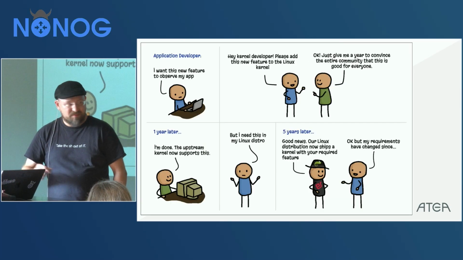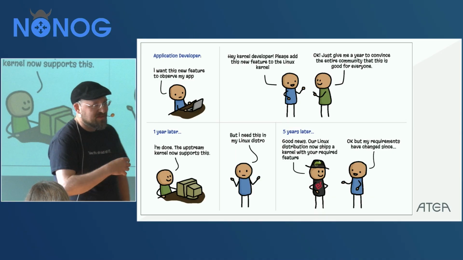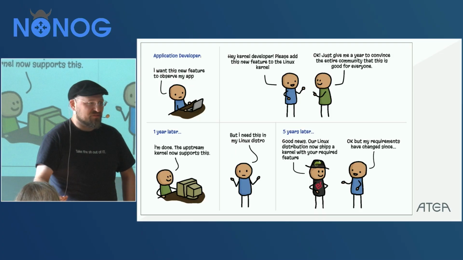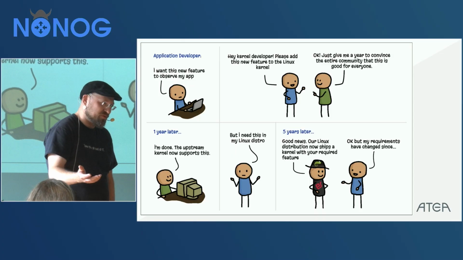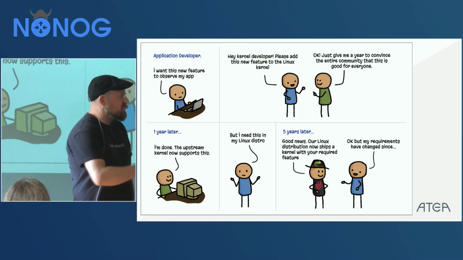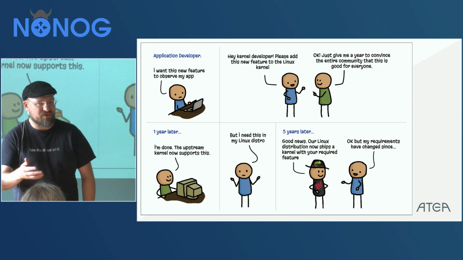You have to go through a process that might take many years, because you have to ask the Linux kernel maintainers to agree that they are going to do this, and then they have to implement it, and in the end, maybe it will come to a distribution close to you in 5-6 years.